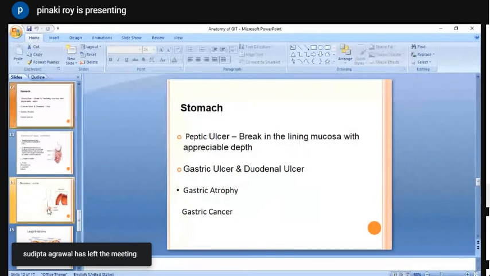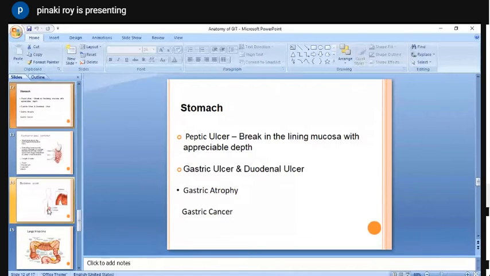If it is in the stomach, then it is gastric ulcer. The most common site of a benign ulcer in the stomach is mostly the distal part, that is the antrum and the lesser curvature along the incisura. Why there?